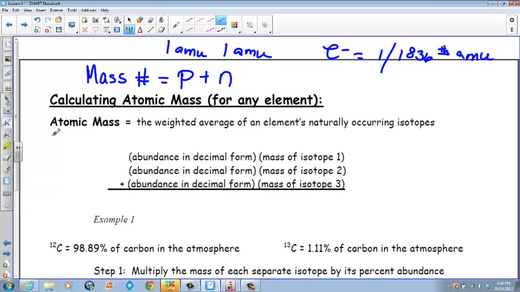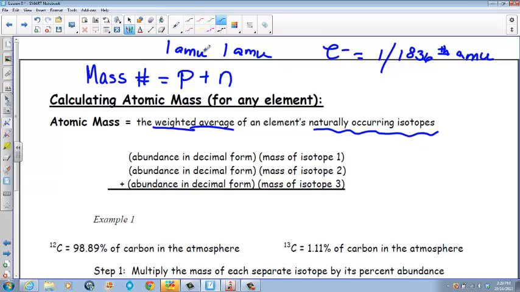So when we calculate atomic mass, we have to do this weighted average versus a straight average. So it's not add up all of their masses and divide by 3 or whatever it is. We have to look at the naturally occurring isotopes. Let's recall, isotopes are atoms of the same element but have different numbers of neutrons.